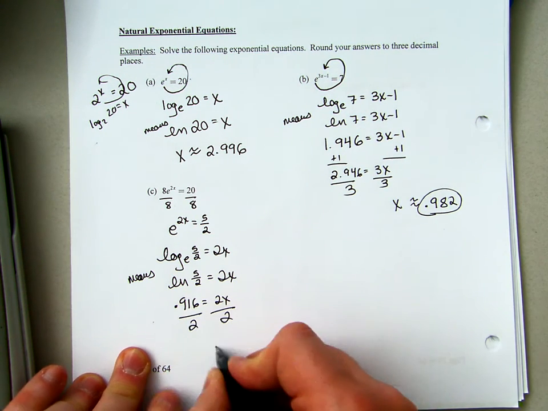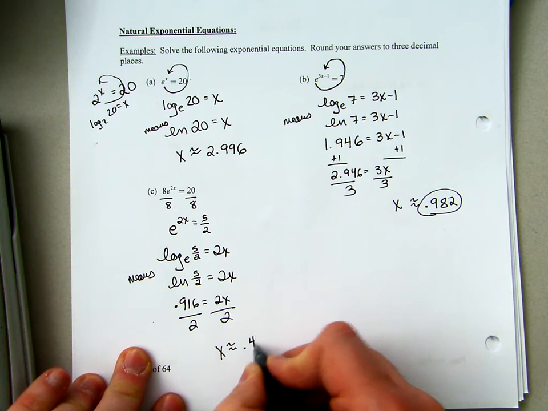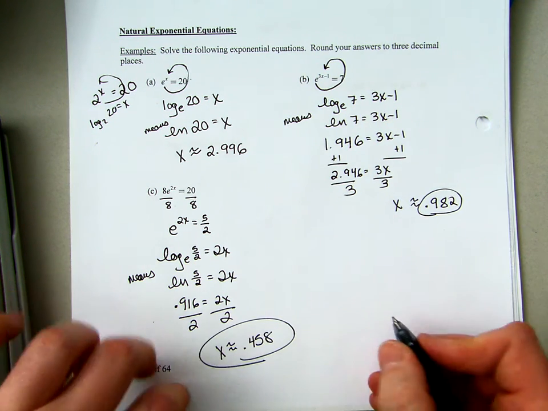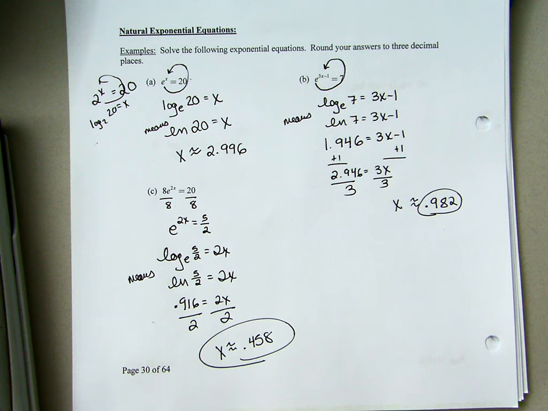Divide, 0.458. Does it really matter when you do 5 halves instead of 2.5? No, but if it was a fraction that didn't convert to a nice decimal, it might throw the answer off by a little bit. Is this easy enough? For now. Turn the page.